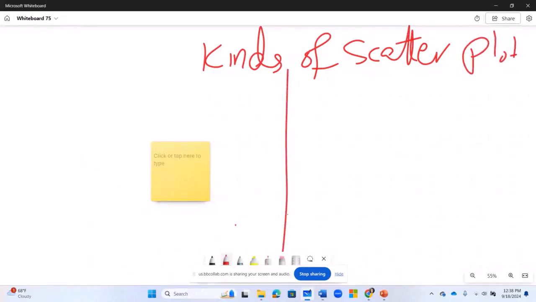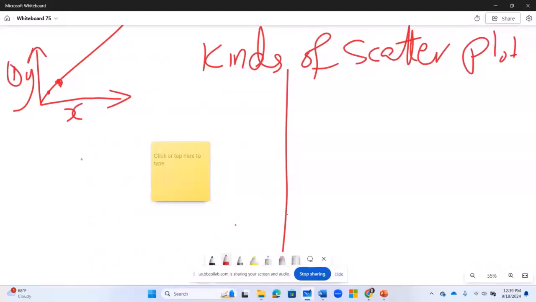I'm going to describe one that looks like an L graph where x is the explanatory variable, y is the response variable, and all the points are on the line. All the points in the scatter plot are on the line.